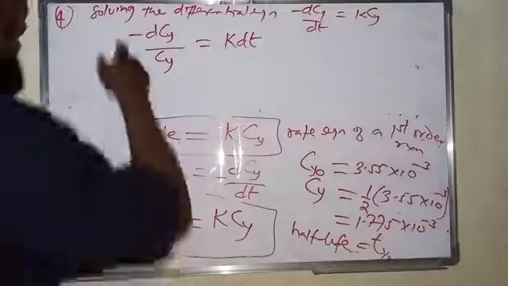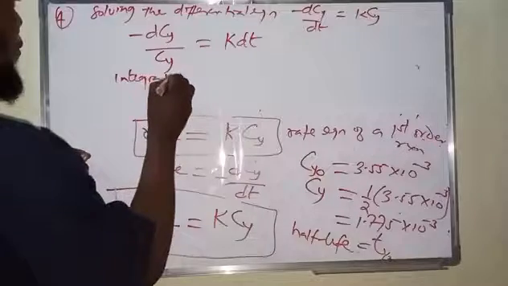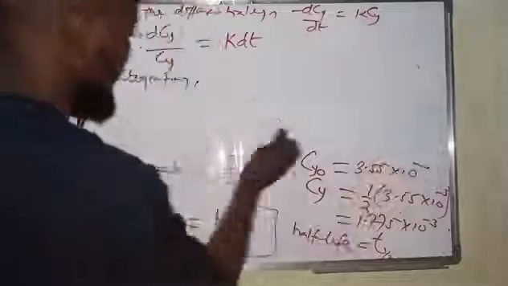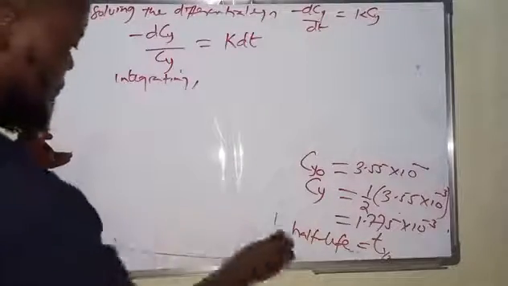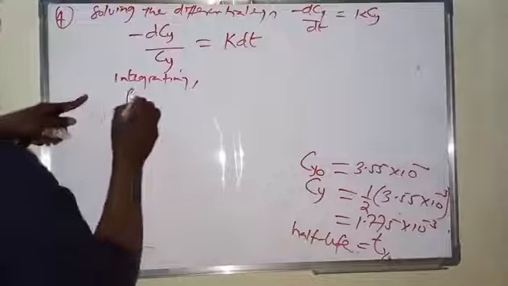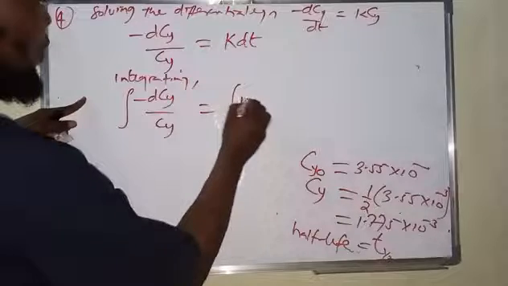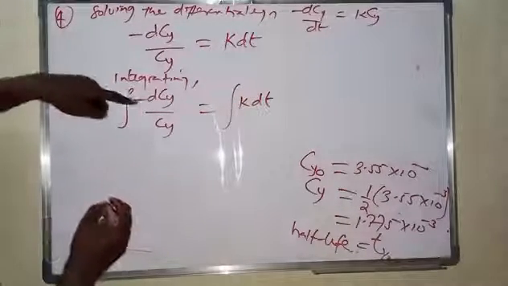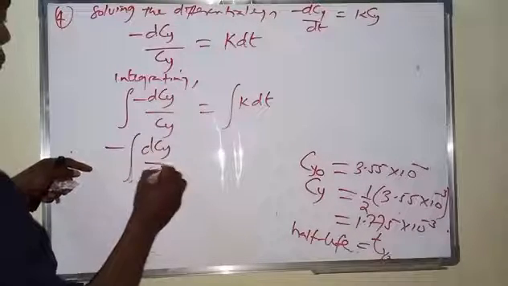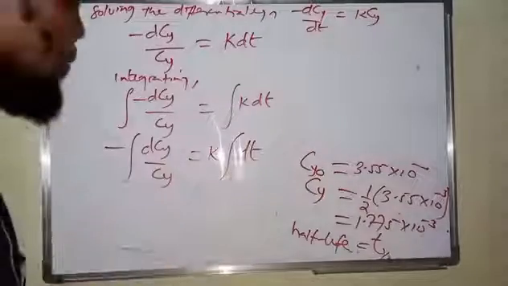Then we go further to integrate both sides. You understand? Integrating. So we are integrating this side, and we're also integrating this side. By the law of integration, this negative one will come out. k is a constant, and every constant will come out of the integral.